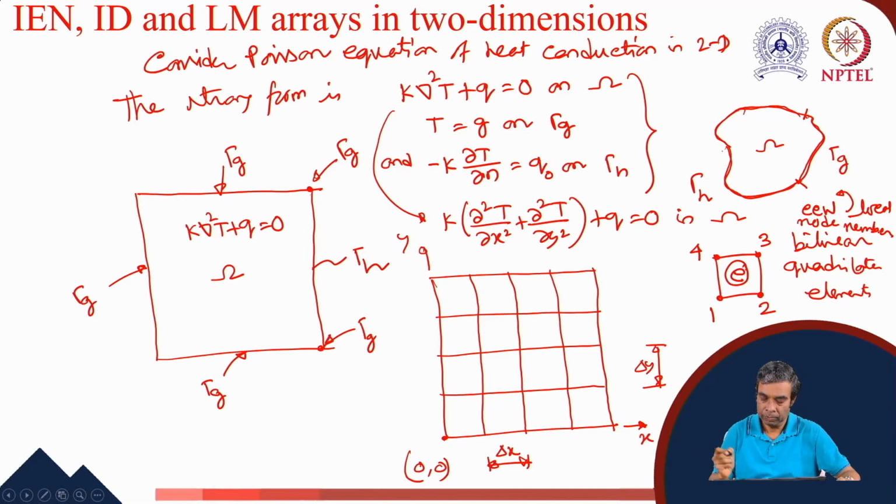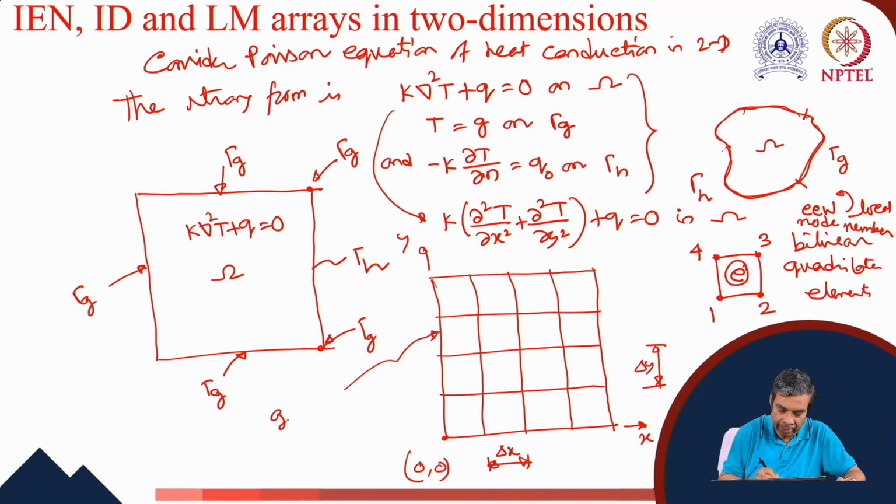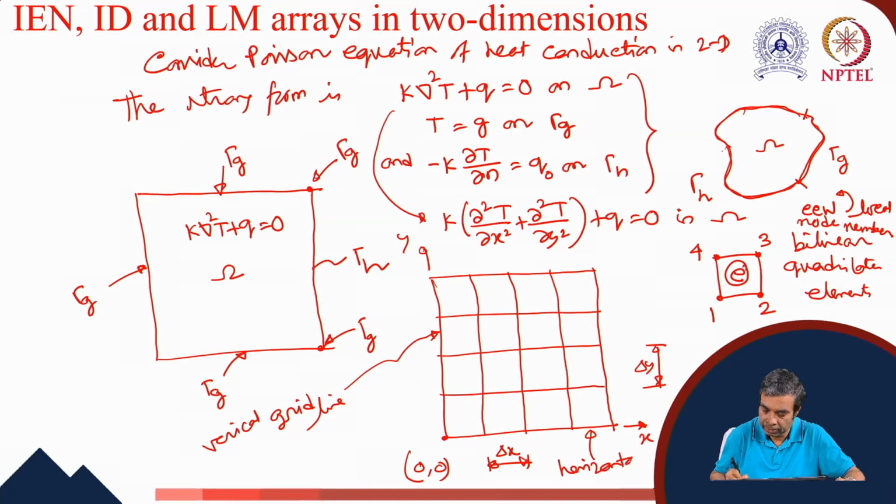Now, these vertical lines and horizontal lines, these are the grid lines. So I say that this is a vertical grid line, and this is, for example, a horizontal grid line. So we have families of grid lines.